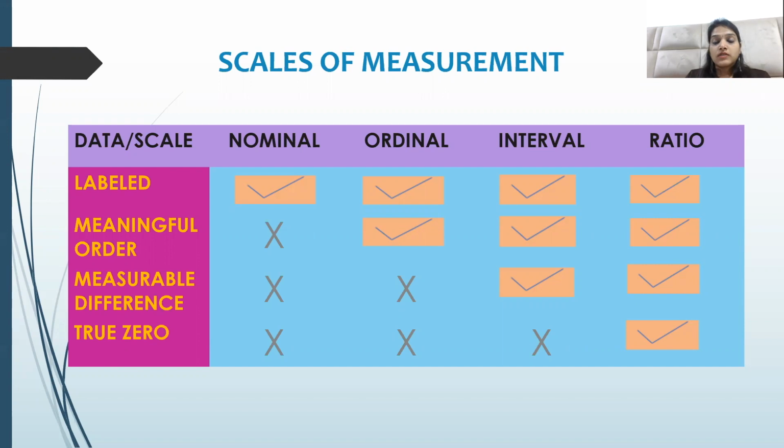Similarly, in interval, we can label, we have a meaningful order. We can also measure the difference, but it does not have a true zero. Whereas in ratio scale, it can be labeled, it has a meaningful order, difference is measurable, and it has true zero.